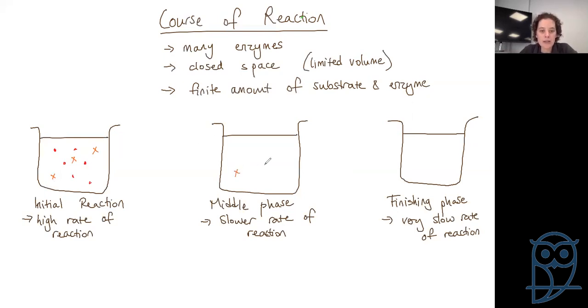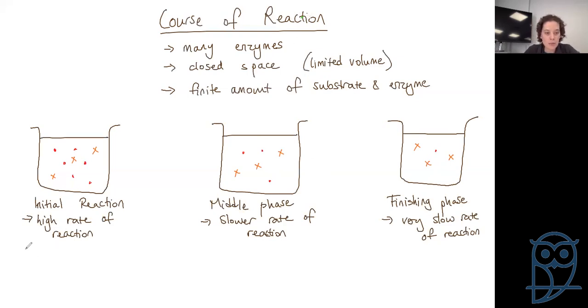In the middle phase, we still have the same number of enzymes. In the finishing phase, we have the same number of enzymes. However, through this reaction, remember this is one test tube, we have less substrate. So the probability of bumping into a substrate molecule is decreasing, and that decreases the rate of reaction.